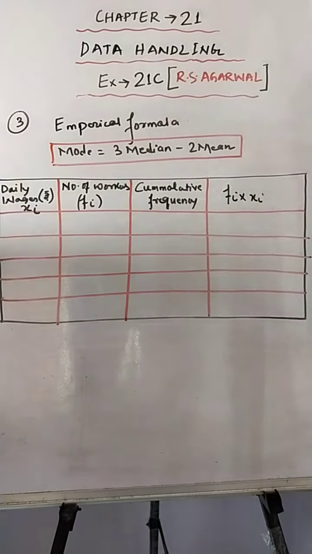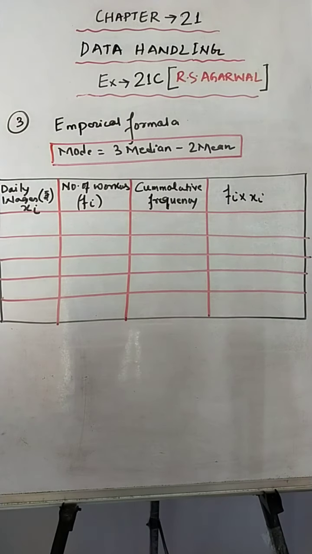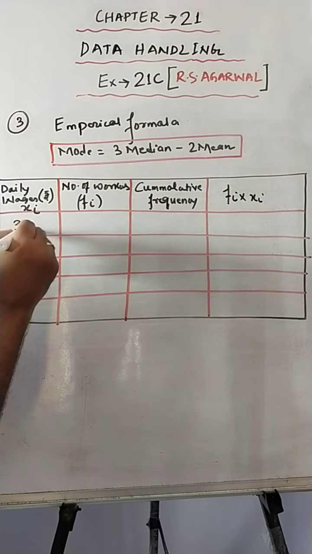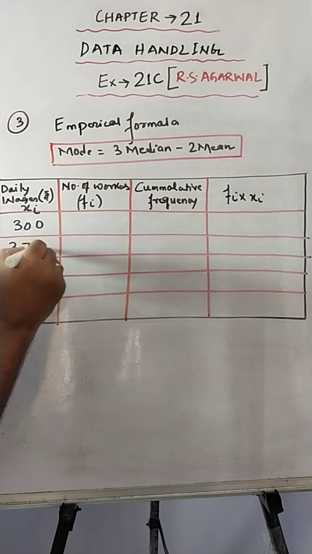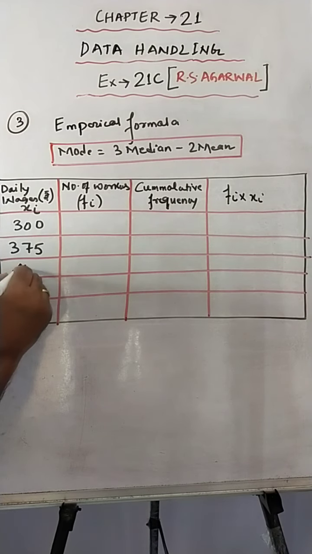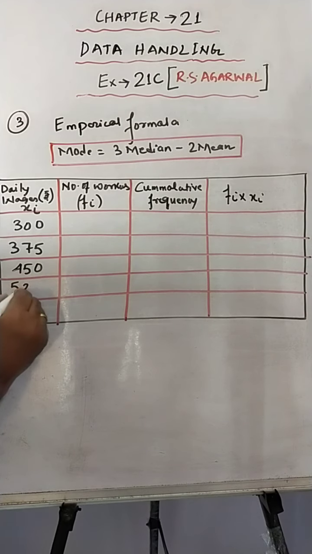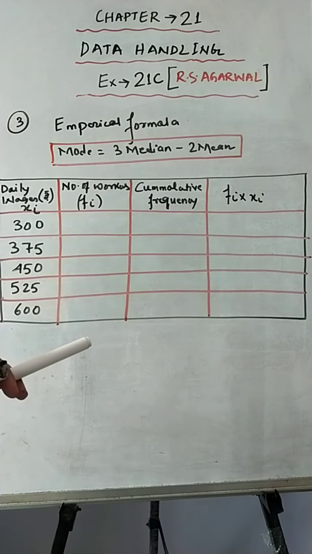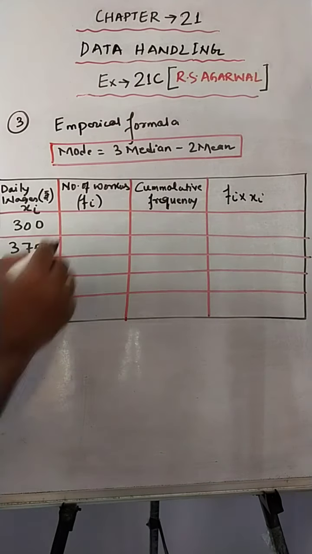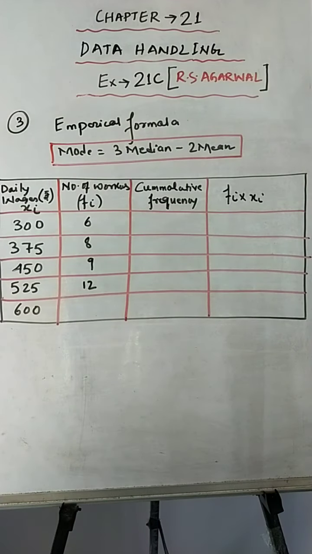Now you will write all the data given in the question. The daily wages are 300, 375, 450, 525 and 600. The number of workers are 6, 8, 9, 12 and 10.